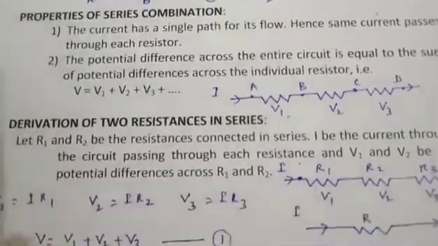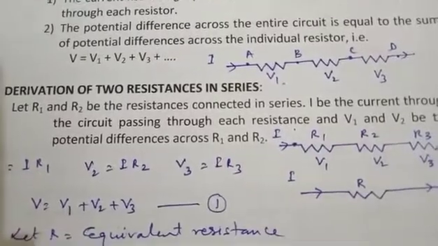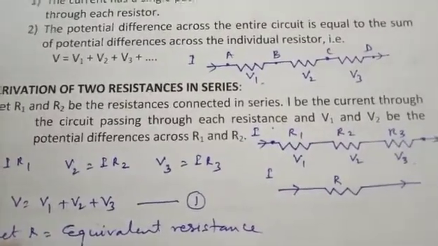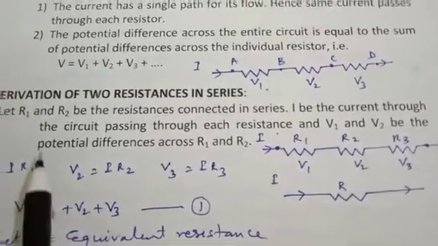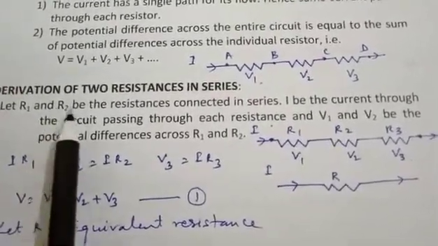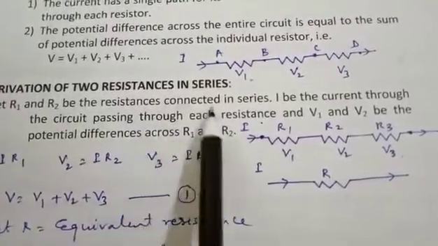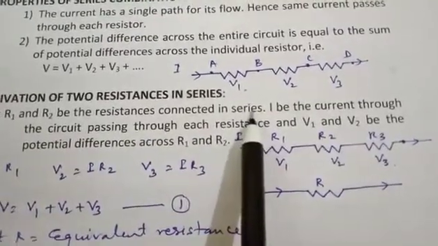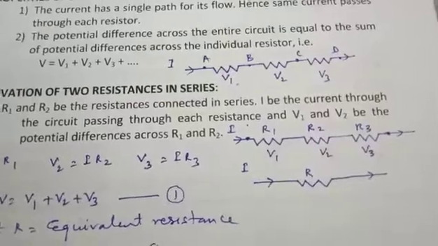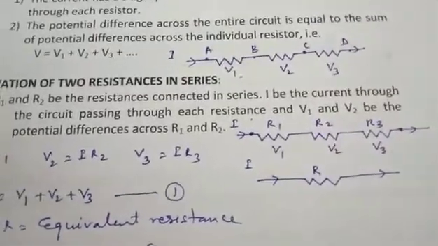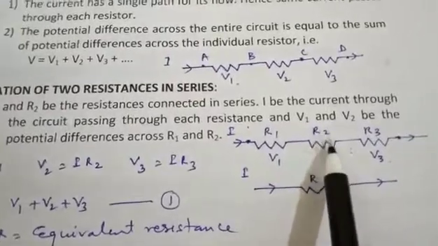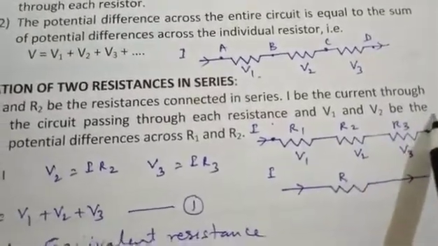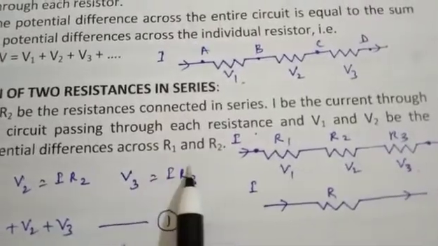Now moving forward to the derivation of the formula of series combination. I'm going to derive the formula for two resistors in series. Let R1 and R2 be the resistances connected in series. I be the current through the circuit passing through each resistance, and V1 and V2 be the potential difference across R1 and R2.